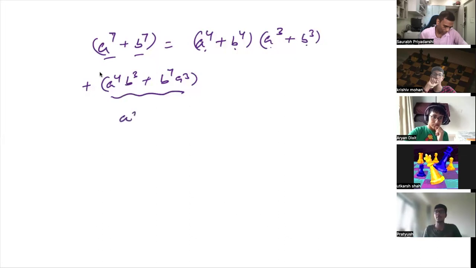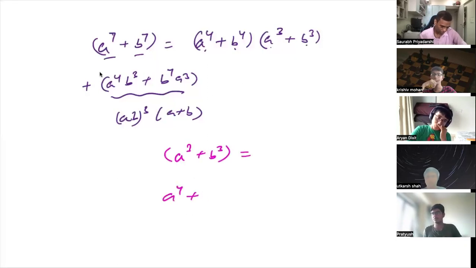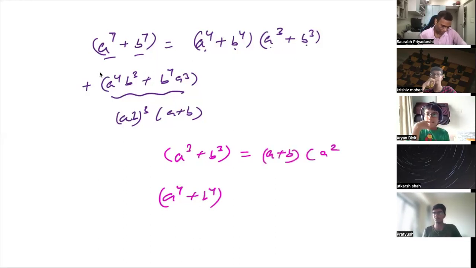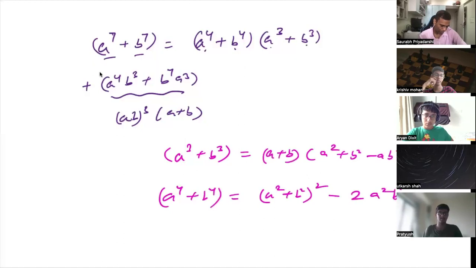You can take out common a cube, then this is a plus b, and we are able to find this a cube plus b cube easily, and a to the power 4 plus b to the power 4. a cube plus b cube is (a plus b) into (a square plus b square minus ab). This is (a square plus b square) the whole square minus 2 a square b square. All the values you have.